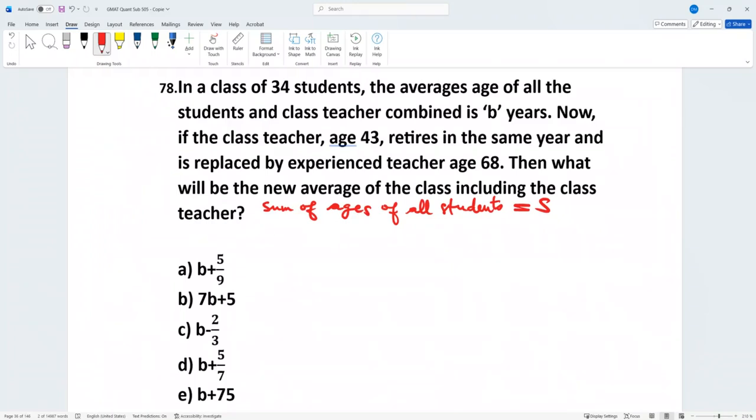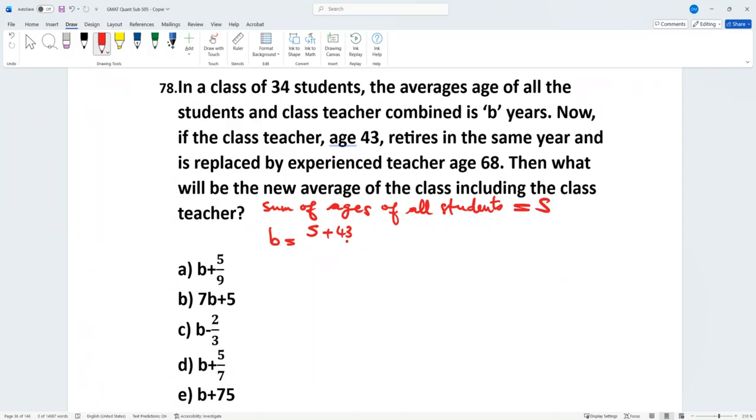So we simply say that B is equal to the sum of all the ages of the students plus the age of the teacher. And here we know that the class teacher is age 43.